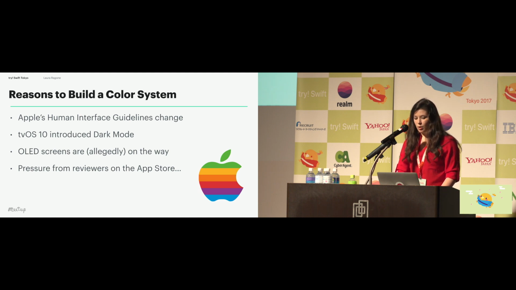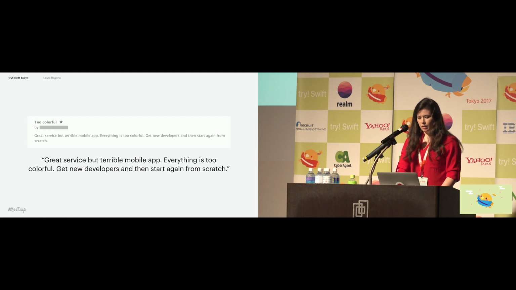With rumors of OLED iPhones on the horizon, the time is right to consider what a dark theme might look like in your iOS app too. As this reviewer has aptly observed, your color choices have significant impact upon your users' experiences.